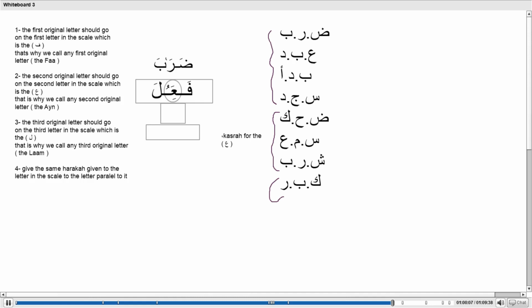Okay, you're good with this exercise, inshallah, alone. But why? To form verbs. Now you are using the scale, you are using it to form verbs from root letters which you have.